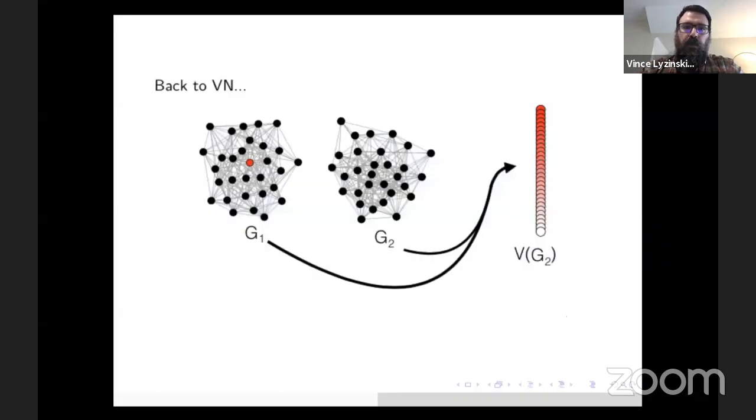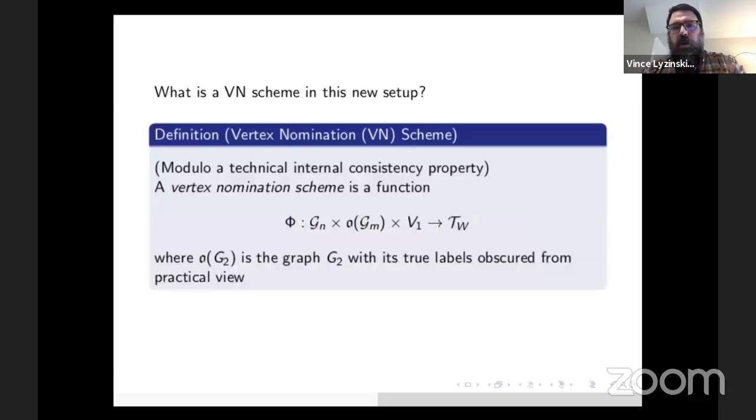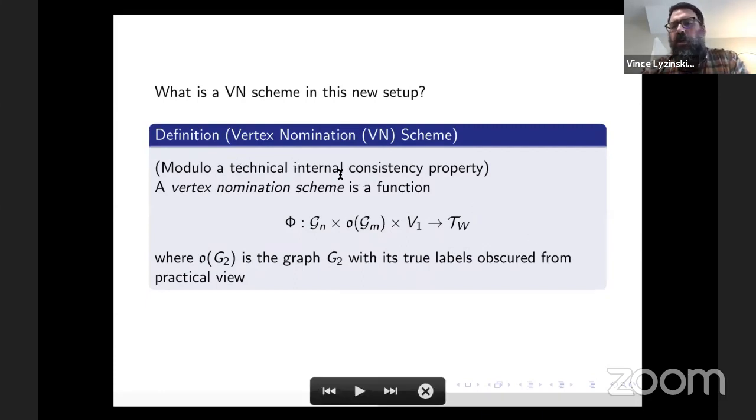Okay. So back to VN, that was my brief segue. What is a VN scheme and how do we talk about consistency in this new framework? Well, a VN scheme is nothing more than a ranking function. There's a technical internal consistency property I'm not going to get into because it's not important to understand what's going on.